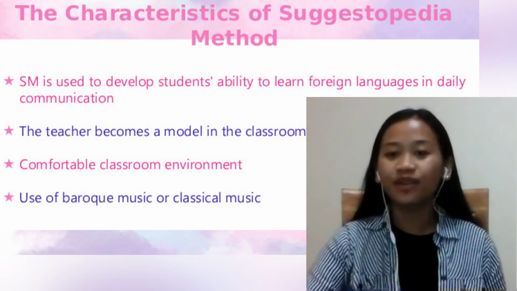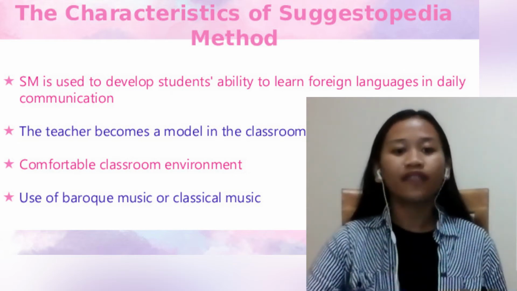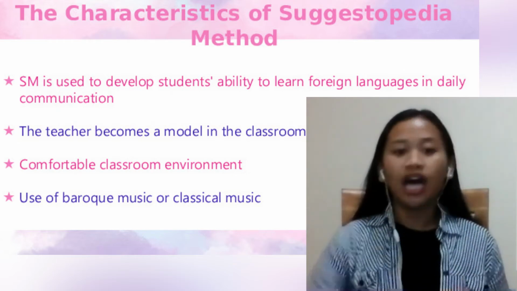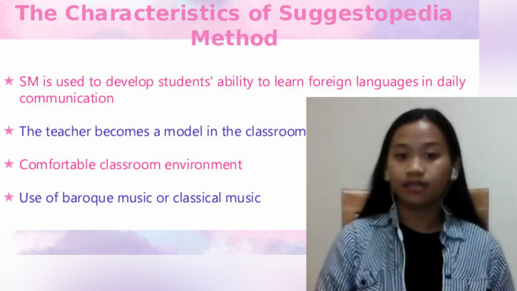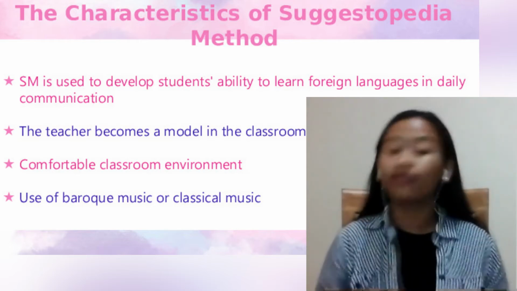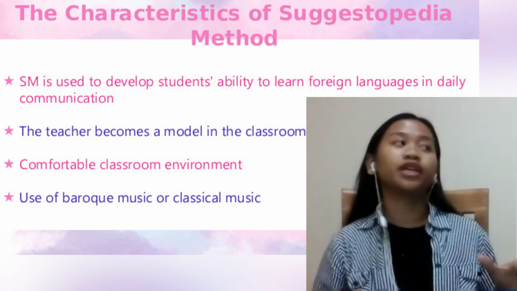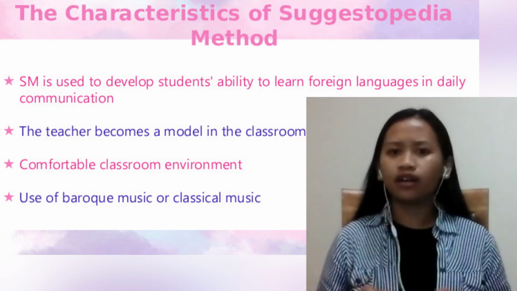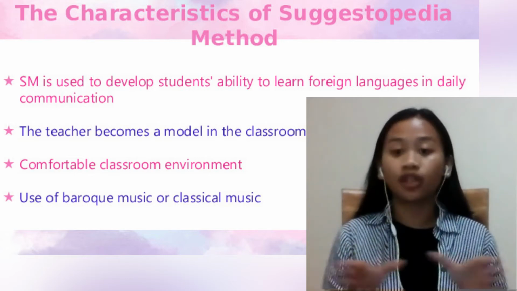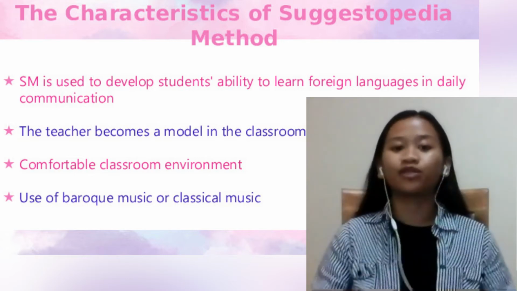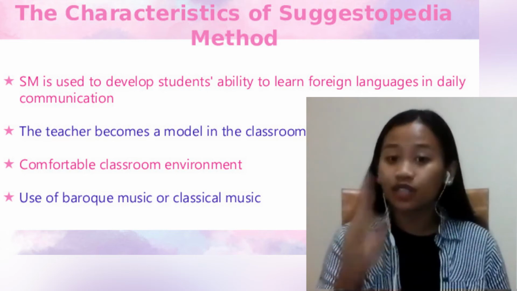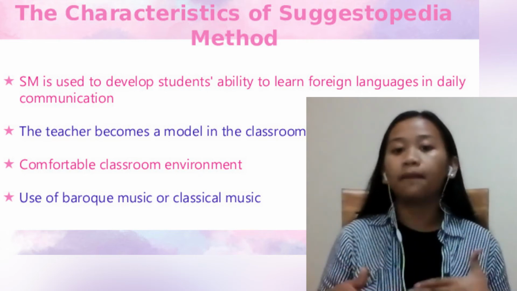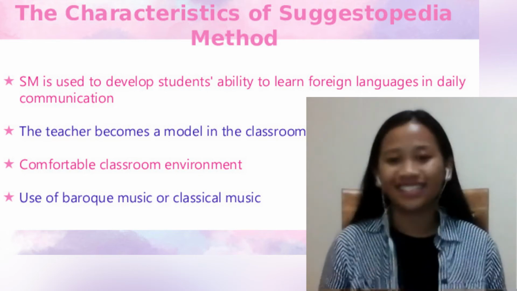And then the third one is a comfortable classroom environment. In the learning process with this method, the classroom is very different from a classroom in general. In the classroom, the chairs are arranged in a semicircle facing the blackboard so the students can pay attention to details and are much more relaxed.